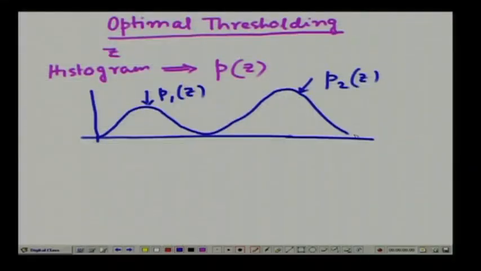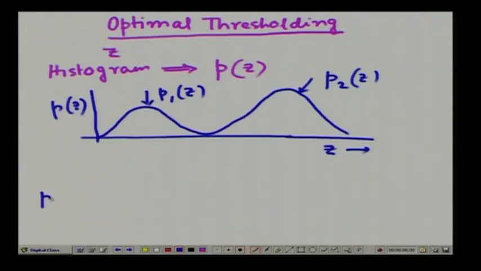P1(z) indicates the probability density function of the intensities of pixels which belong to, say, the background, and P2(z) is the probability density function of the pixel intensity values which belong to, say, the object. Now, this overall histogram, that is p(z), can be represented as the combination of P1(z) and P2(z).